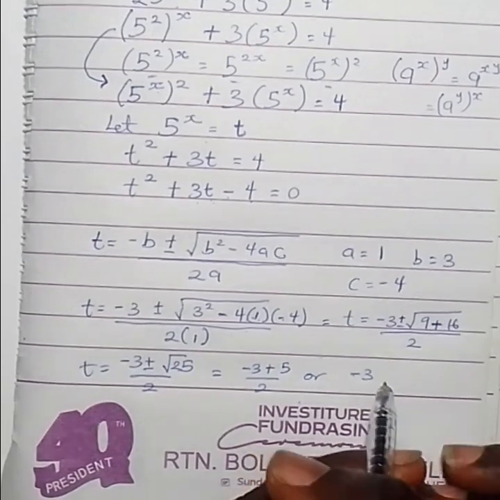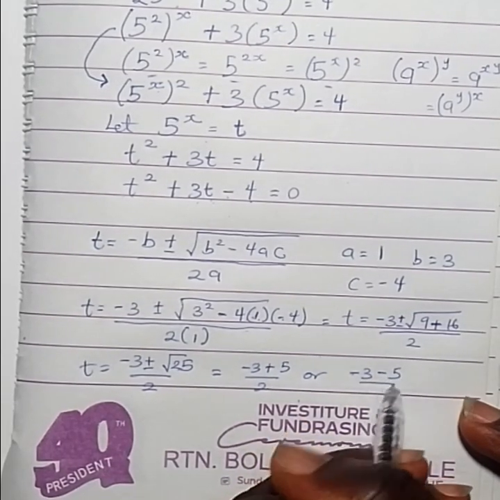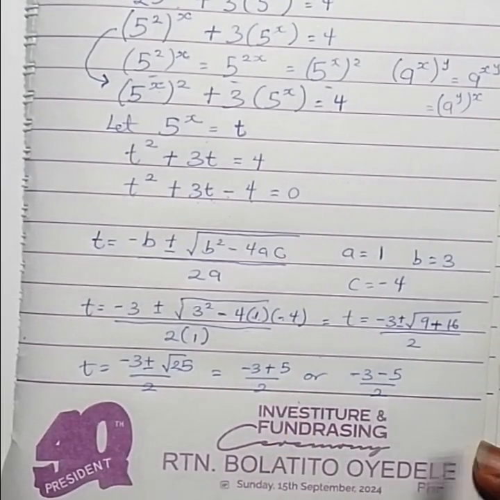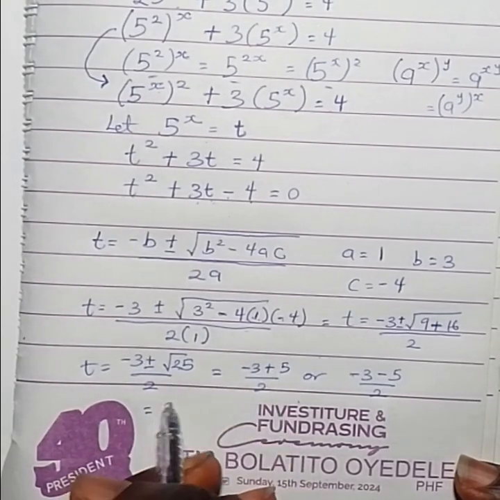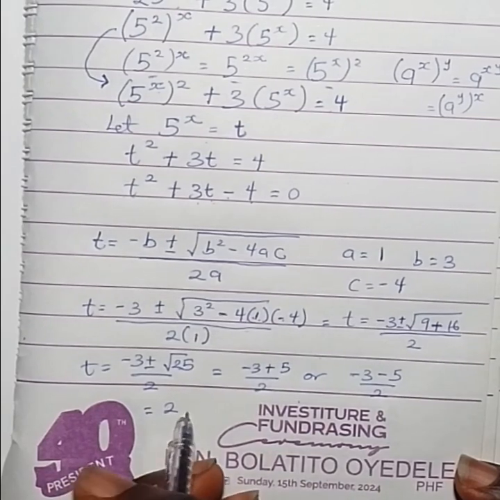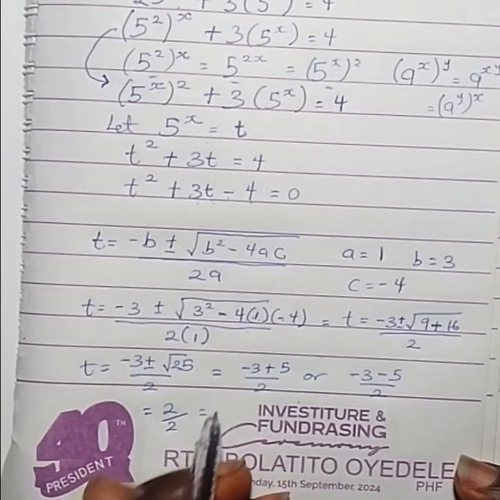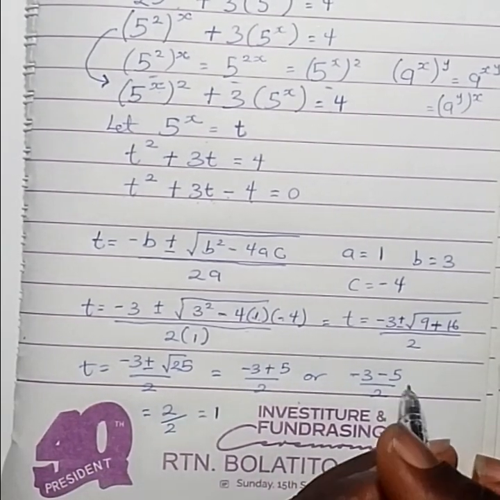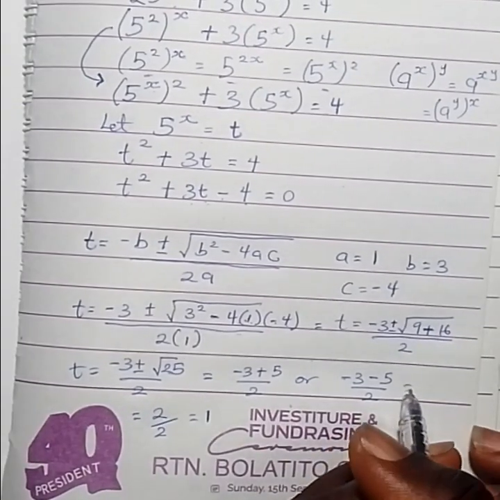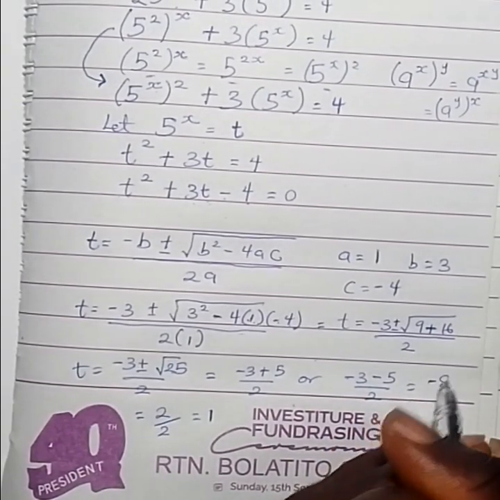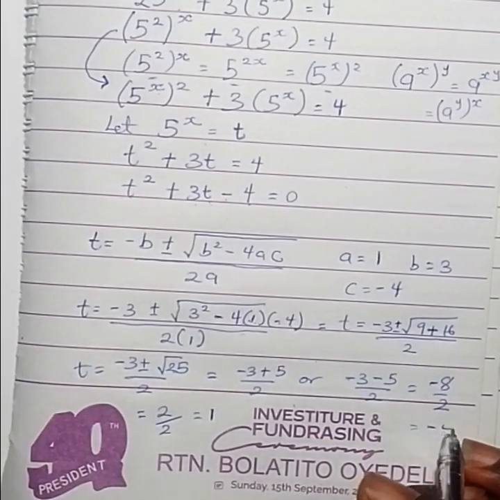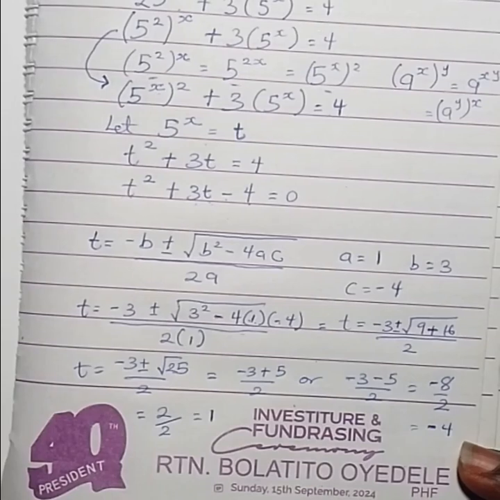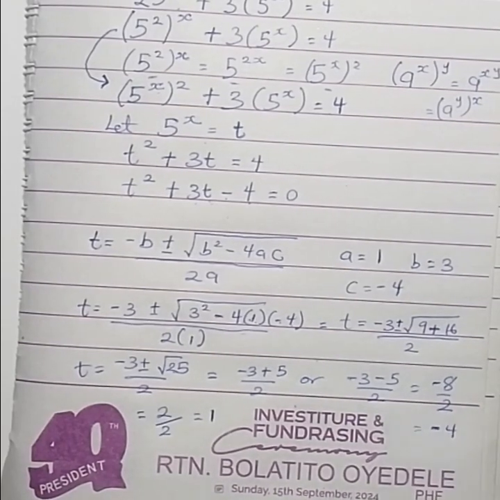So we can complete the rest ourselves. Minus 3 plus 5 is 2 over 2, which is 1. Then here is minus 8 over 2, which is minus 4. So these are the two values of t.